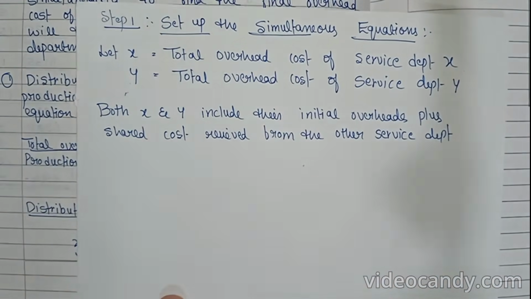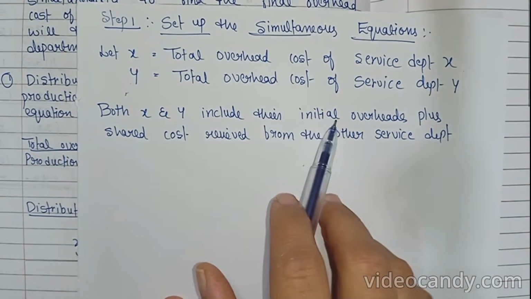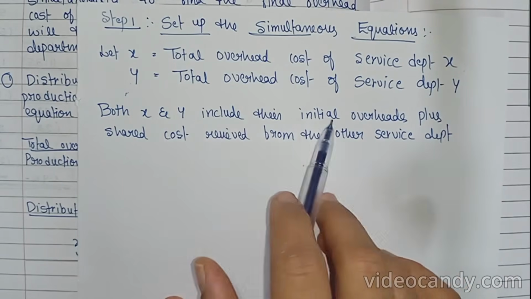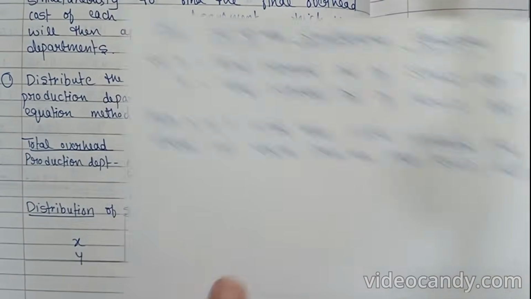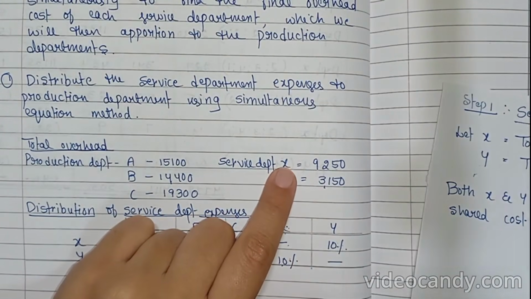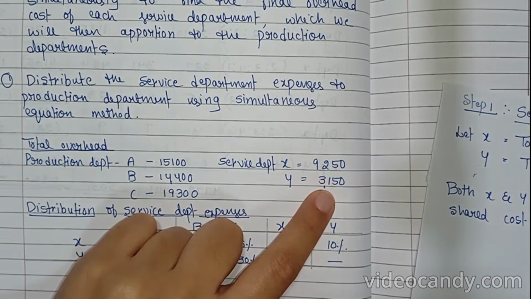Clear? Now both X and Y include their initial overheads, as per the primary distribution summary, that is 9,250 and 3,150. Clear?